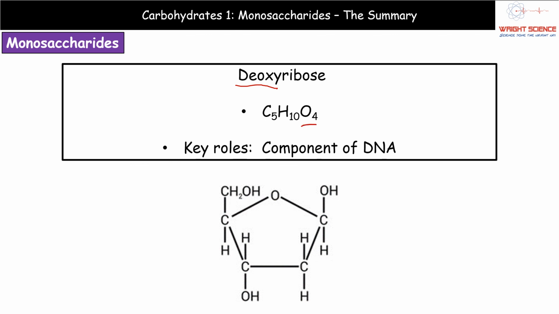And deoxyribose is one of the components of DNA. When we actually look at it, you'll see that the structure is identical to ribose, with the exception of our 2nd carbon, where we've got 2 hydrogens rather than a hydroxyl and a hydrogen. So that's the only difference. We've removed one of the oxygens, therefore deoxyribose.